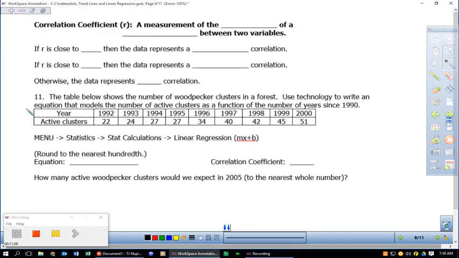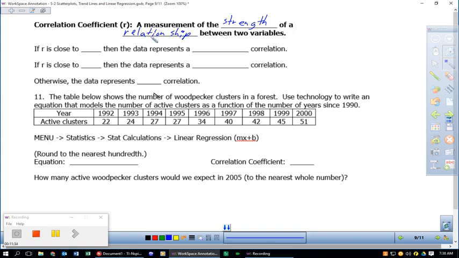Alright, so now we hit linear regression. The rubber meets the road here. So first, correlation coefficient. This is a word we're going to use. It's the letter R. We will always see it as R. It is a measurement of the strength of a relationship between two variables.